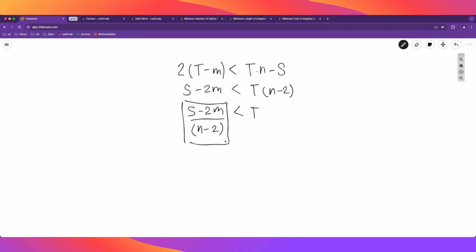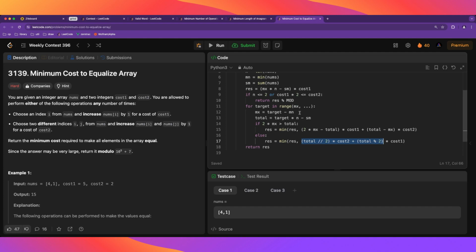And so we're going to get to that case when s minus 2 times the minimum, so the sum minus 2 times the minimum divided by n minus 2, this is our final inequality, but it has to be greater than this, so we add 1 to it.